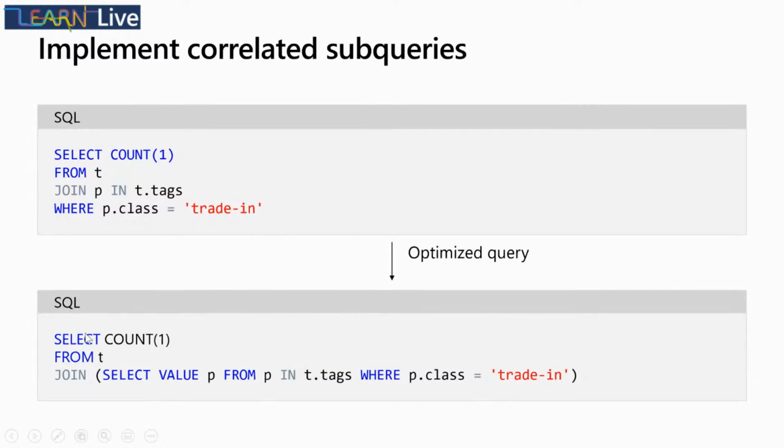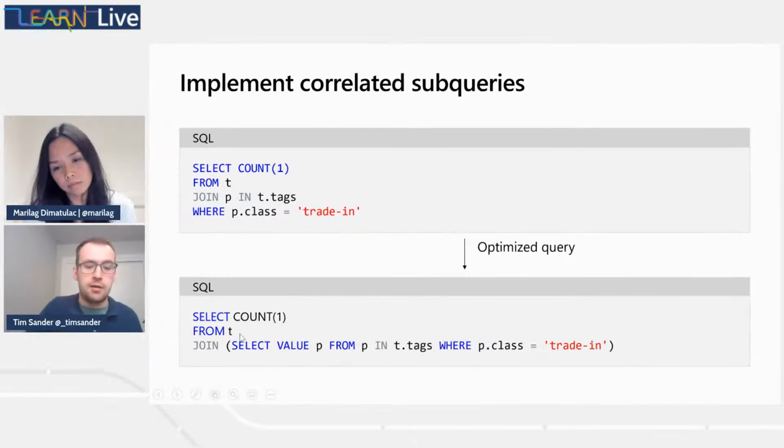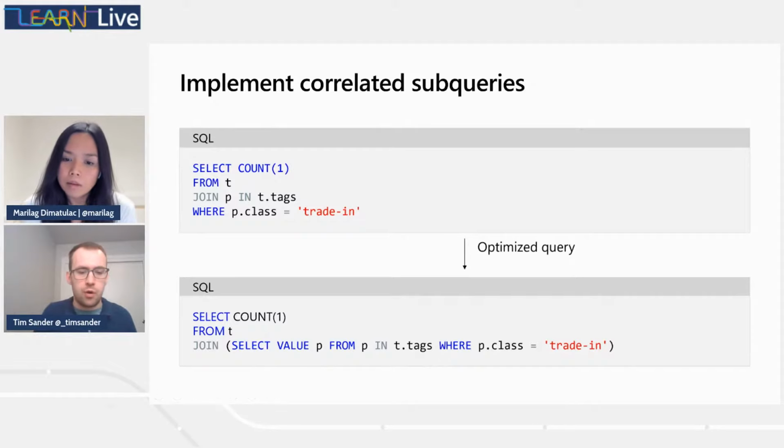You can't have a fully independent subquery. If you look, the outer query references T here, and that same value we use in the inner query. So that makes it a correlated subquery, hence the name. But the syntax for subqueries and the structure for writing them is roughly similar to if you were used to using them in a relational database.